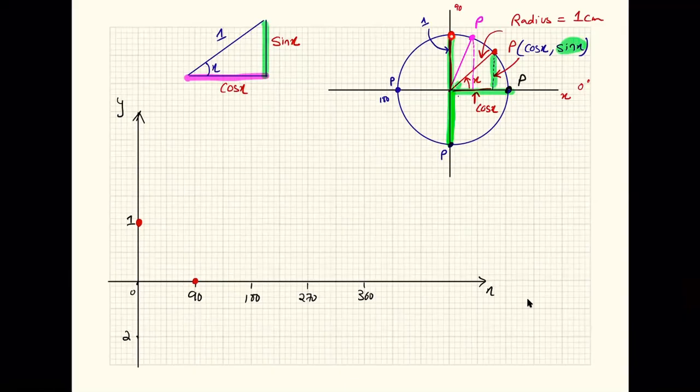Then what happens after 90? As you increase the angle further above 90 degree, you're going to get some distance. For example, if point P was here, making an obtuse angle, then this is your right angle triangle and that's your distance, the value of cos x.